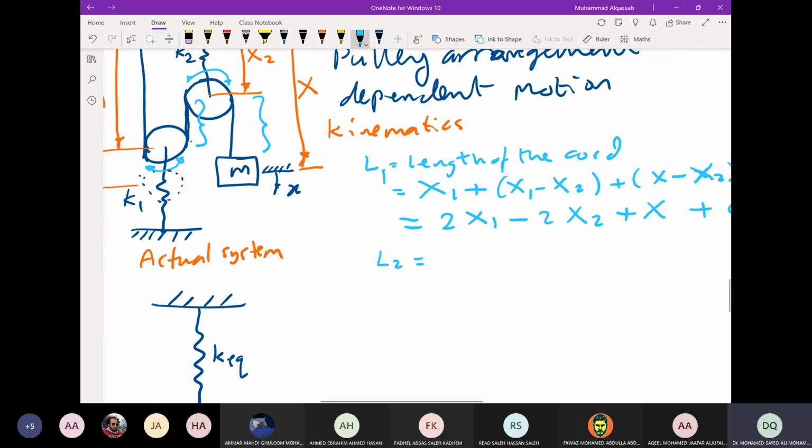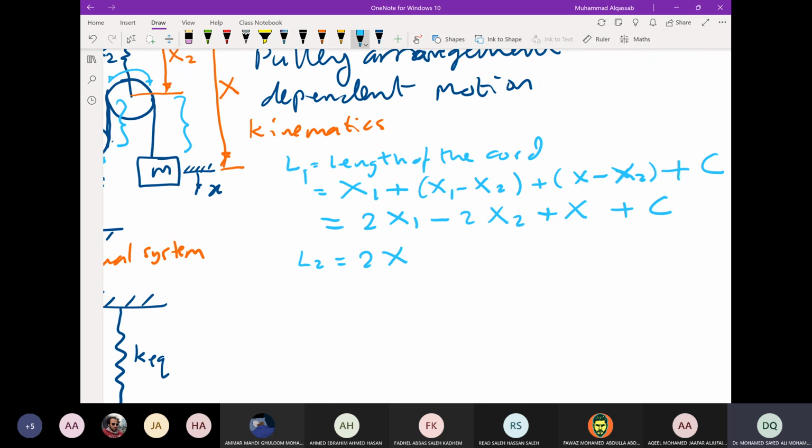So the new length will be 2x1 prime minus 2x2 prime plus x prime, and of course C is the same. There will be no changes in C. Now delta L equal to L2 minus L1 equal to 0, right? Because this is an inextensible cable, as we assumed.